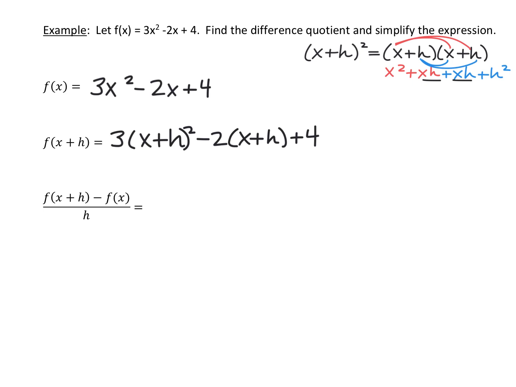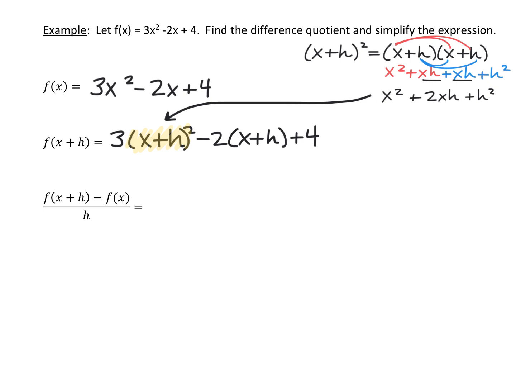So it'll have a 2. So x squared plus 2xh plus h squared. Okay, that goes here. That's what I mean. Okay, so you figured that out.